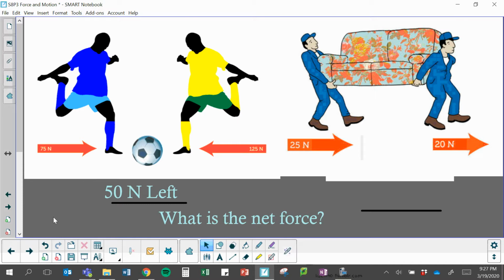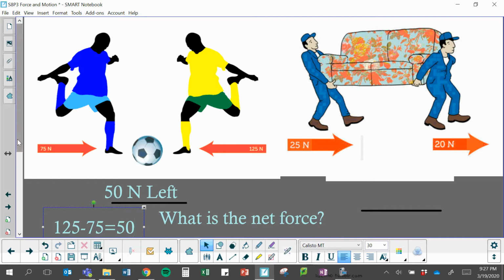So we can do 125 newtons minus the 75 newtons equals our 50 newtons. Or you can think about it that if this one has 75 and this one has 125, the one over here in yellow, he's going to win, and he wins by 50 newtons. So 50 newtons is our net force, and it's going to the left because that's the direction of his force.